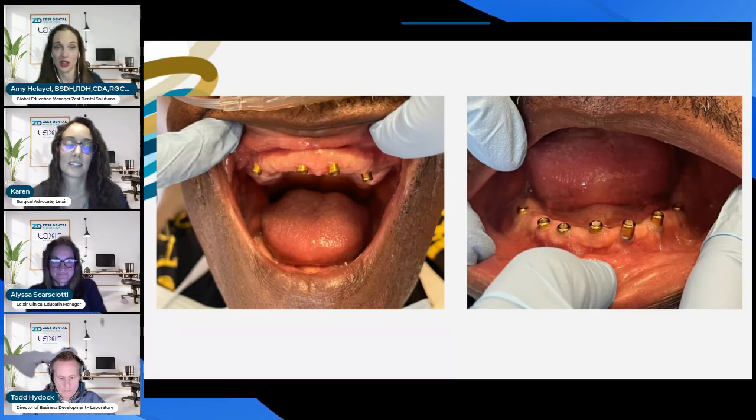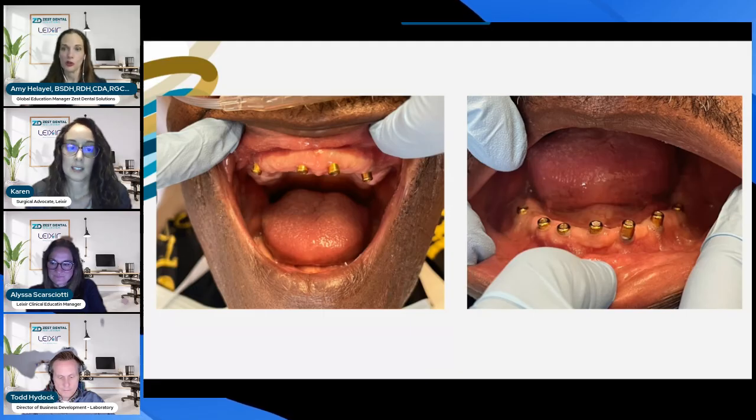That is one of the most crucial points of making a successful overdenture, selecting the proper abutment heights. I can't tell you how many times I've gone into an office and a doctor says, I just use a 2, or I just use a 3. But how do we know? And when you look at this image, especially on the lower arch, not only do we have a lot of locators, but you can see the discrepancies in the heights.